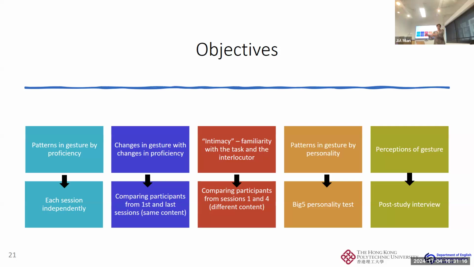In terms of the objectives, the things that we were looking at, well, the first thing was, can we find a pattern between proficiency or linking proficiency and gesture? Can we see any patterns as our participants improve their proficiency? Do they change their gestures? Is there a difference in the gesture with familiarity?